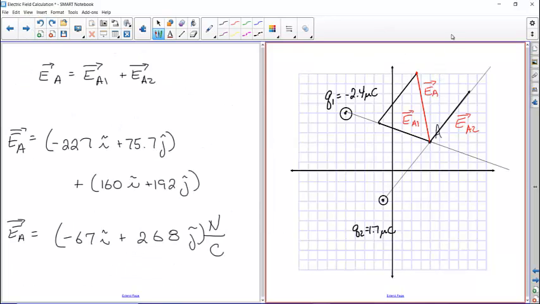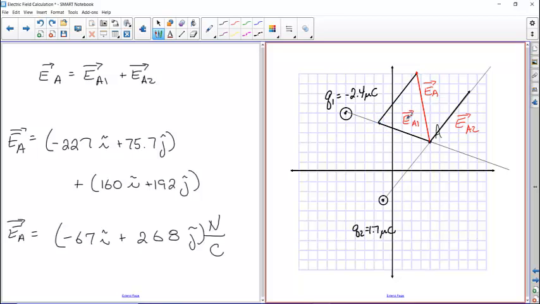Now here's a diagram with the vectors drawn in. So this vector here from A pointing towards charge 1 is EA1. Then you have EA2, which is the electric field due to charge 2. It's pointing that way. What I did was I copied this vector EA2 over to here so that I could do a tip to tail graphical representation.